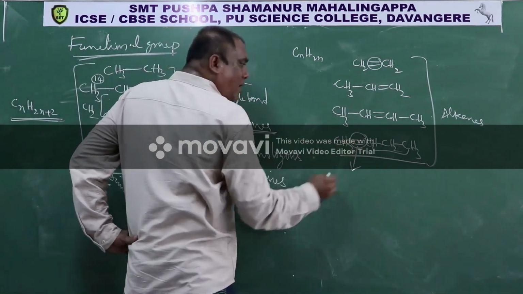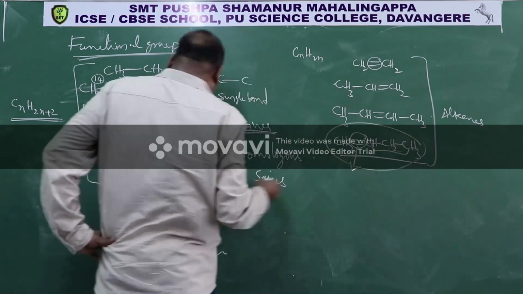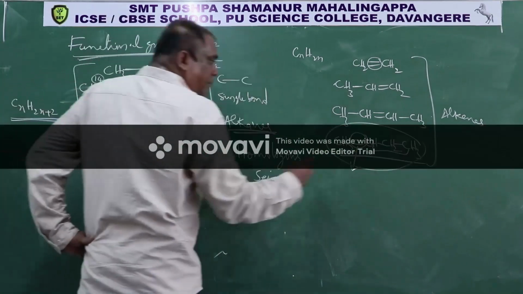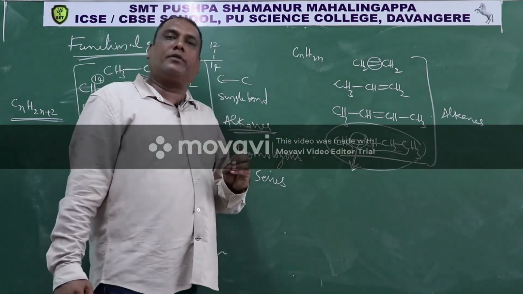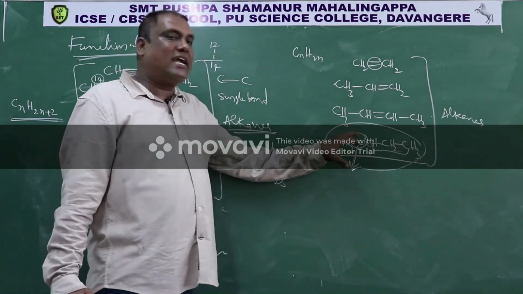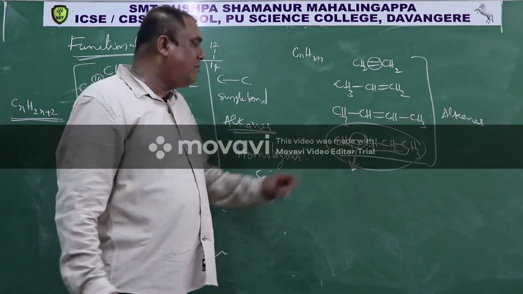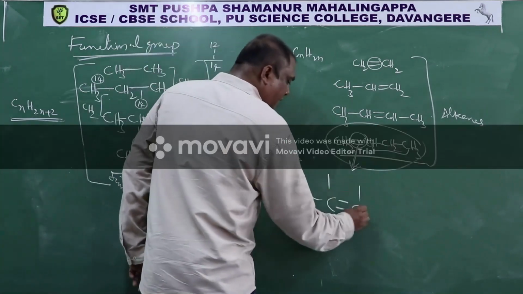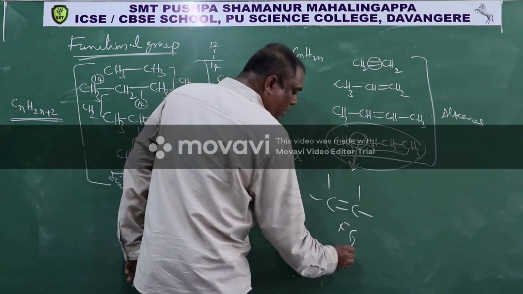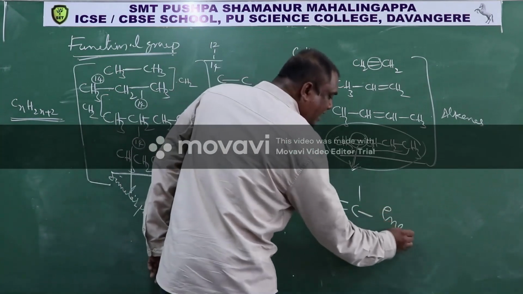Because of this double bond, this compound's chemical properties will differ. So this double bond is nature governing, it decides the nature of the compound. Therefore, the double bond is called a functional group. C double bond C is considered a functional group, and its name is the ene group.